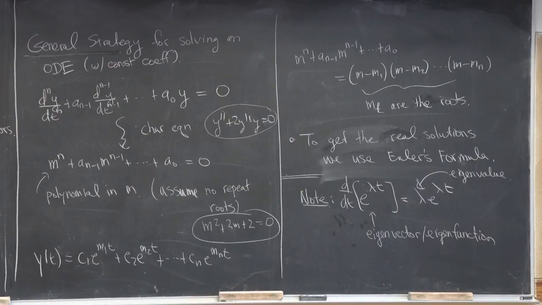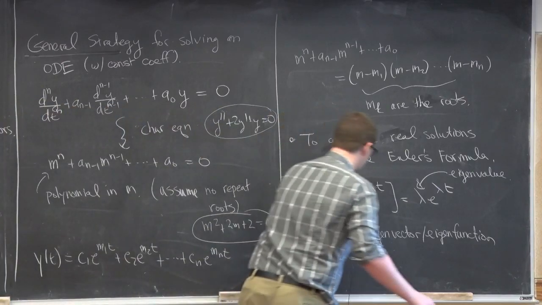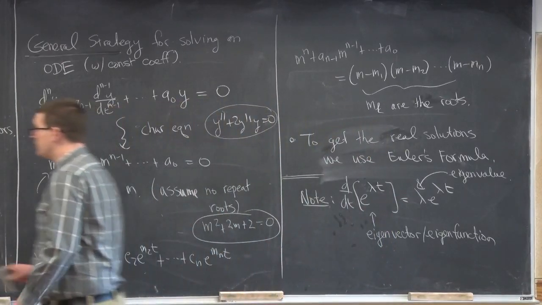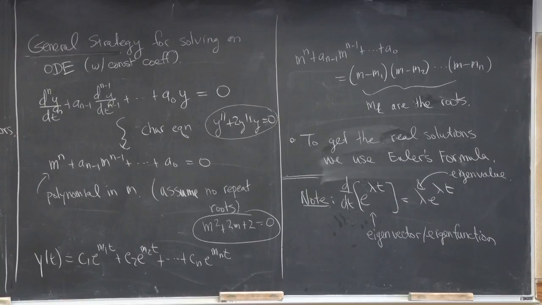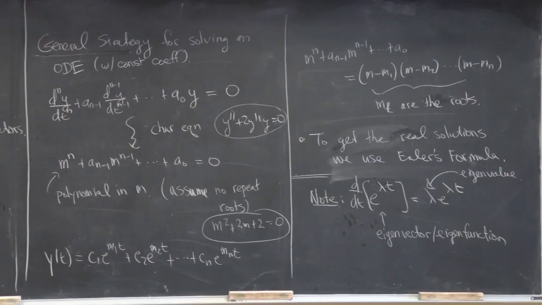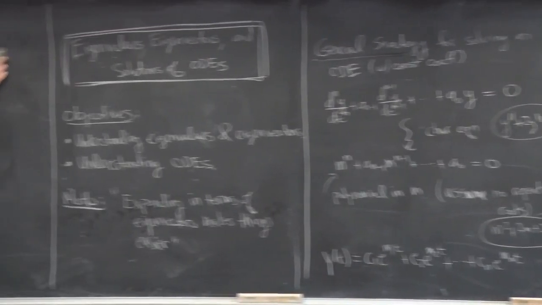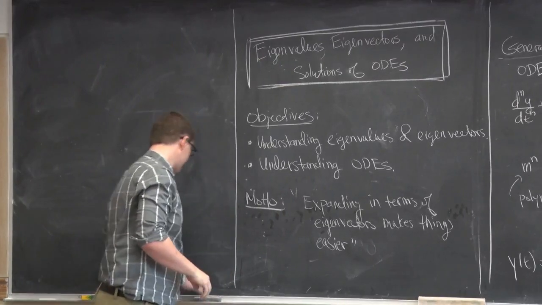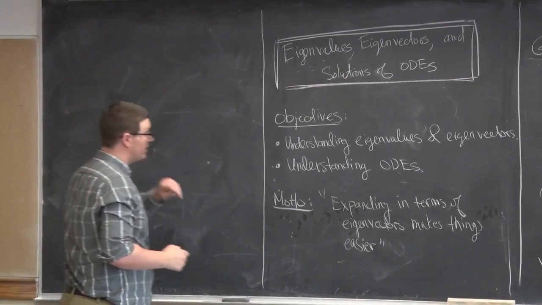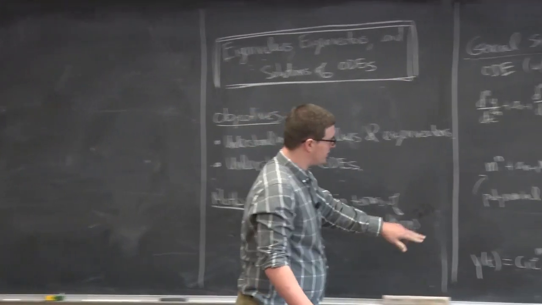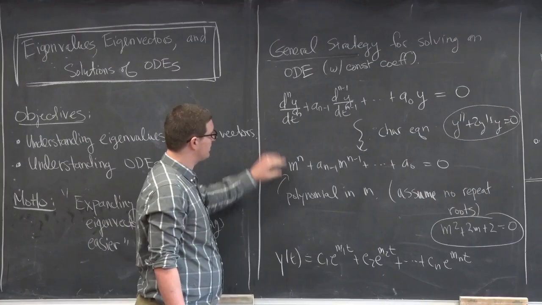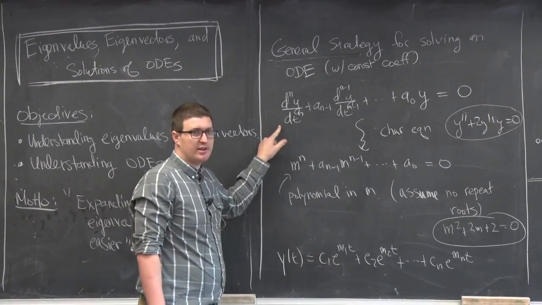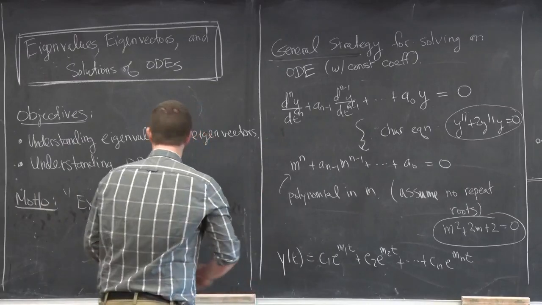Let me say something else. We showed that those are solutions. Are those also all the solutions? How could you show that? One thing you could do to show that all solutions look like this is to look at the initial value problem.